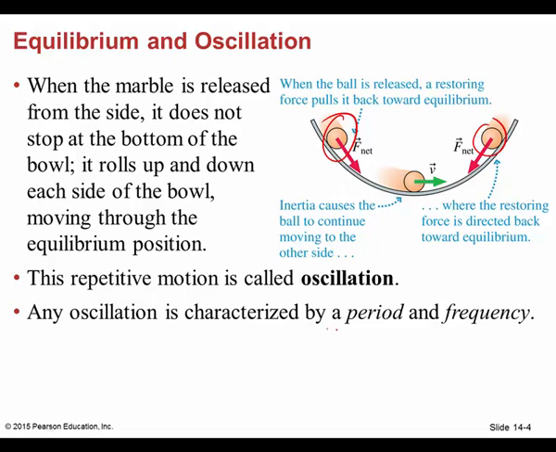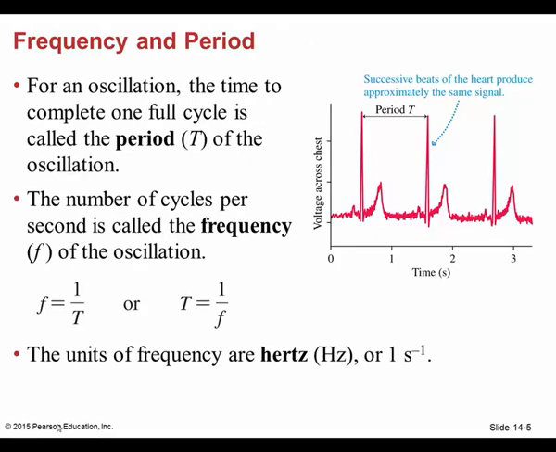Now, oscillation is always going to have a frequency. It's characterized, or identified, by its frequency and/or its period. So how do we define period? Well, we've actually already talked about this last semester. Period is the time it takes to complete one full cycle, and of course the units are going to be in seconds.